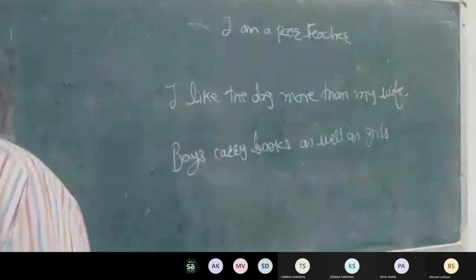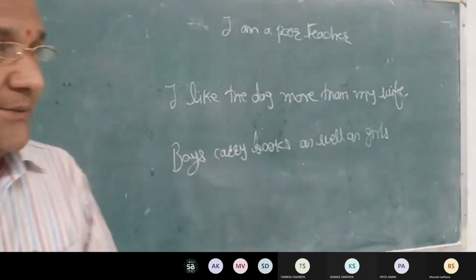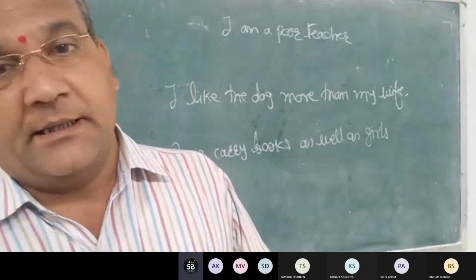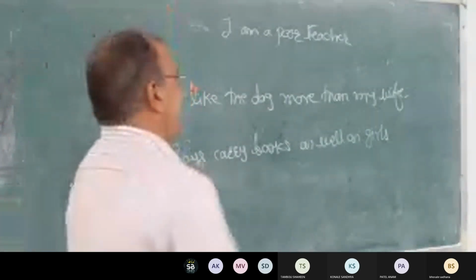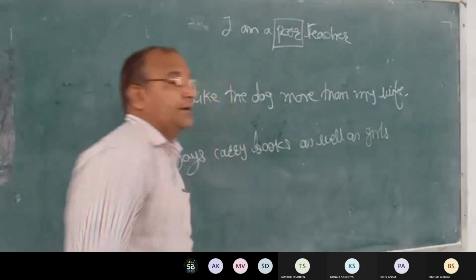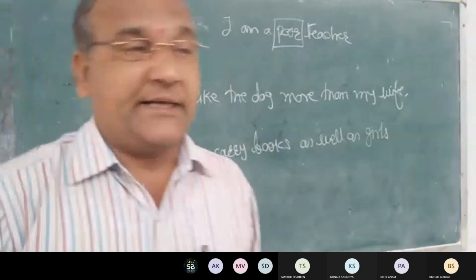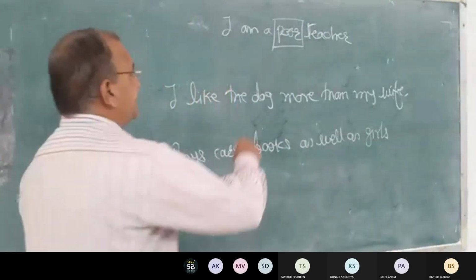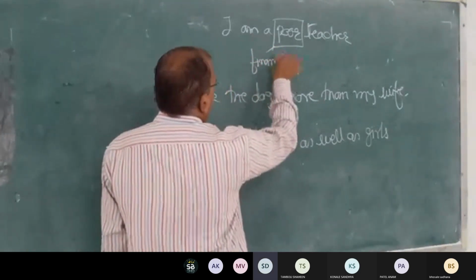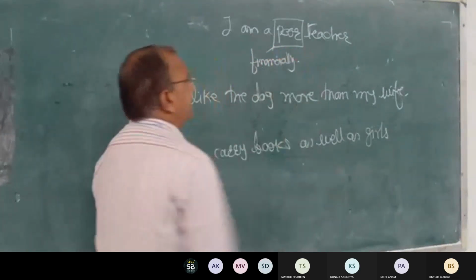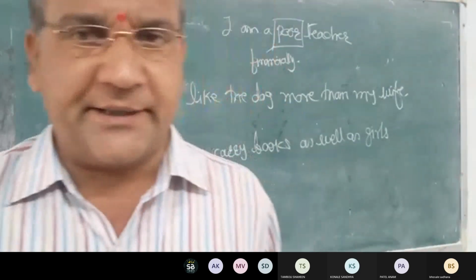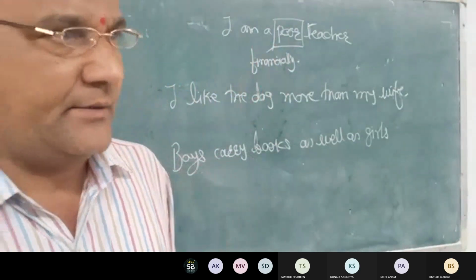First one, what type of ambiguity? Lexical. The ambiguity arises because of the word poor. Poor in one case means financially poor, having no money, having less money.